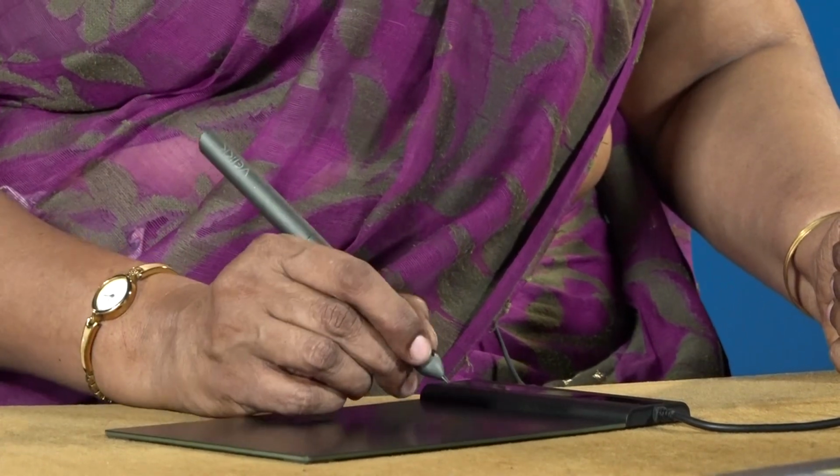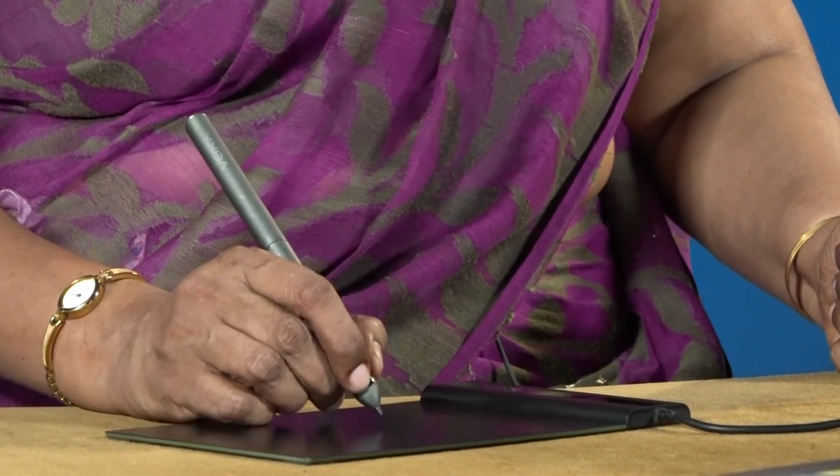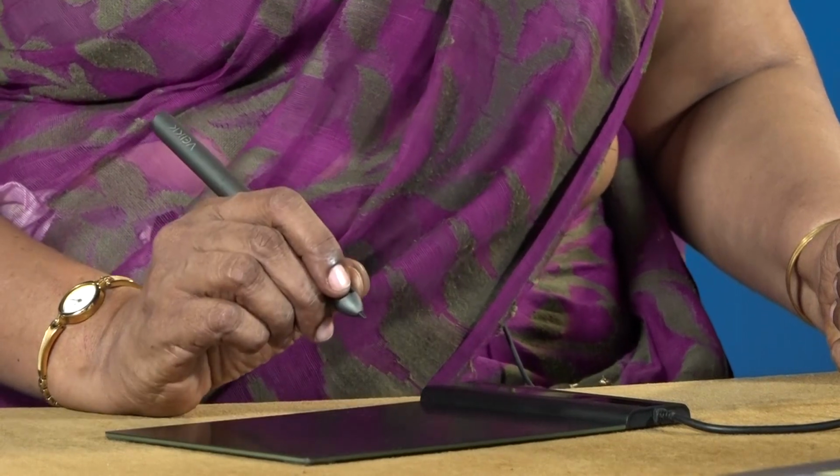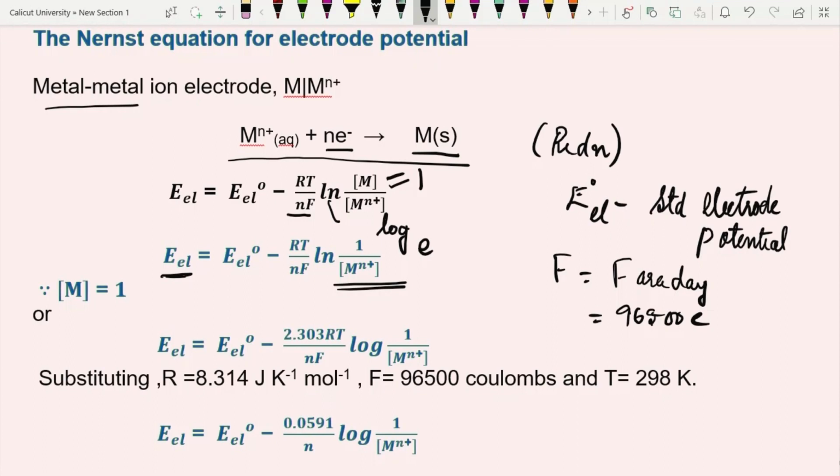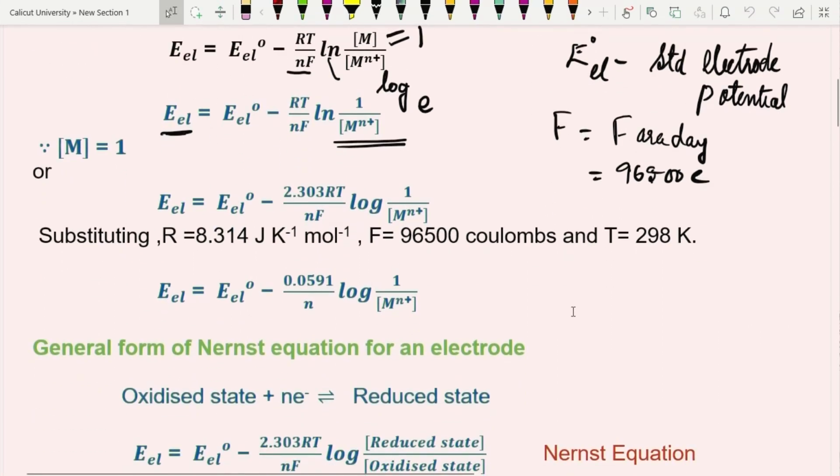So, you can see that the electrode potential depends only on the molar concentration of the electrolyte. The metal is not involved because it is in the 100% pure form. So, when this concentration changes, automatically the electrode potential also changes. Now, I am going to convert this into the logarithm to the base 10.